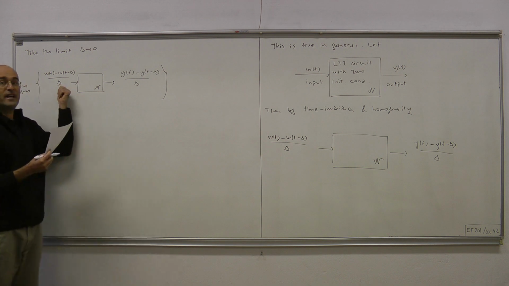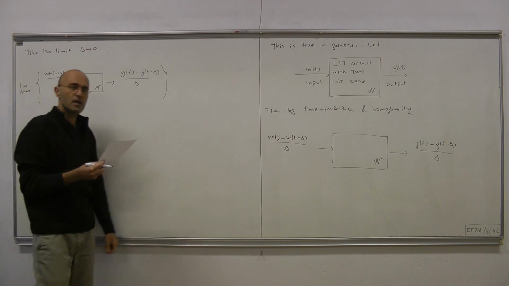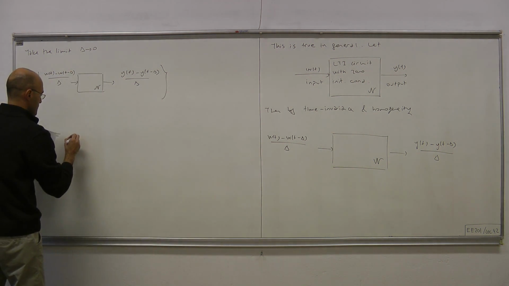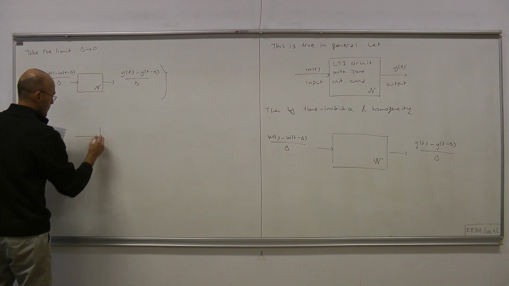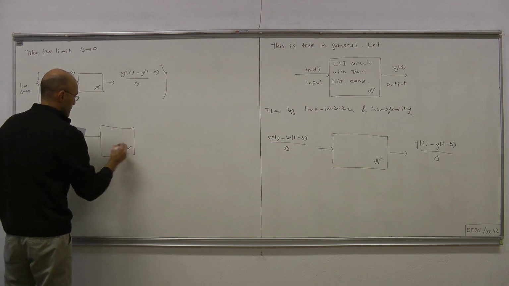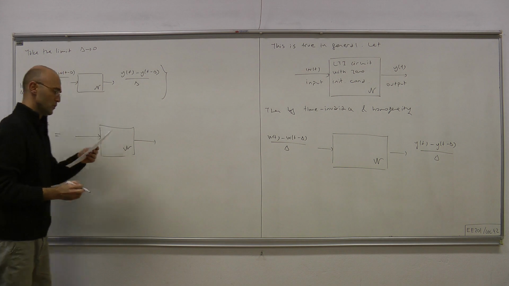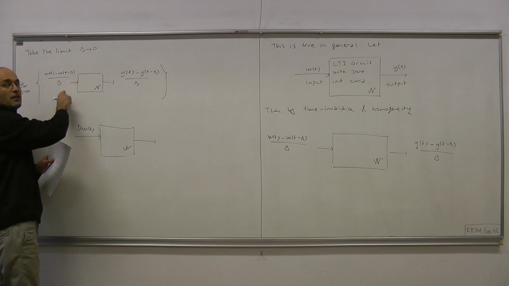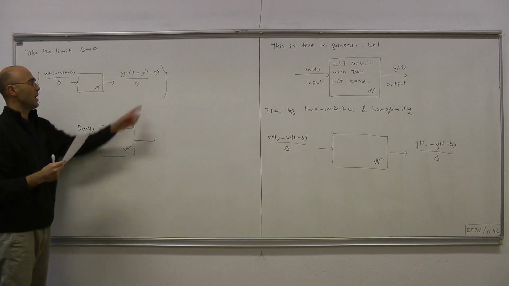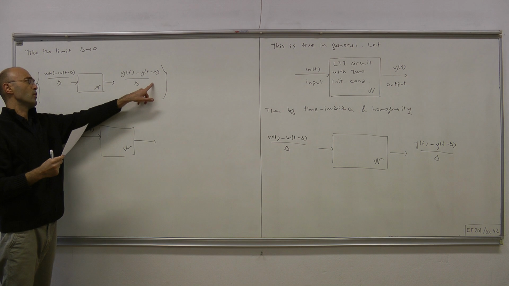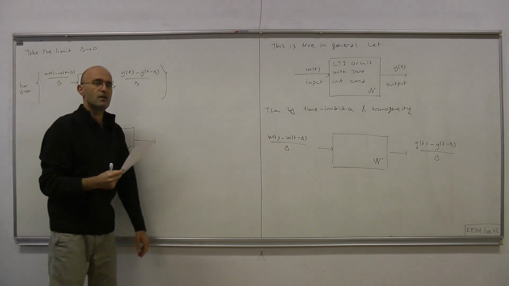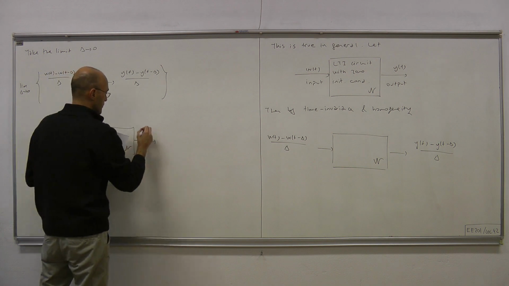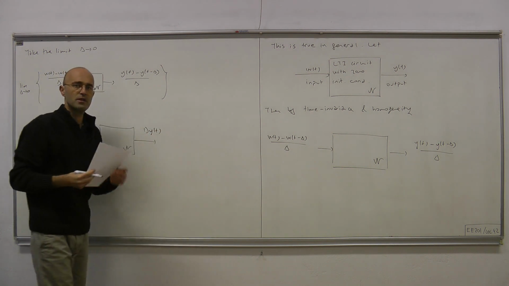Since this is true for any positive delta, therefore in the limit we have to have the same circuit under zero initial conditions. This becomes in the limit dw(t), the derivative of w, and therefore, likewise, the output also becomes the derivative of the original output, dy(t).